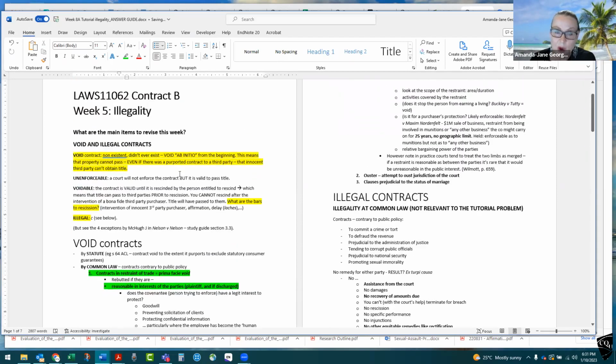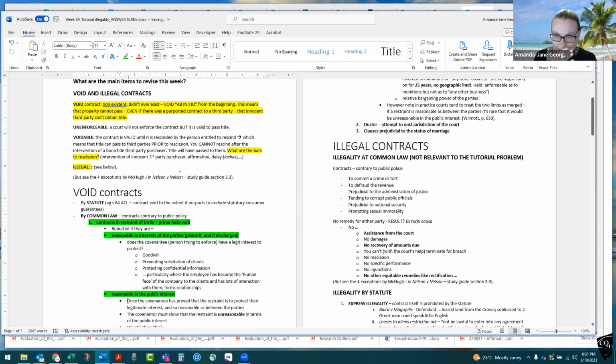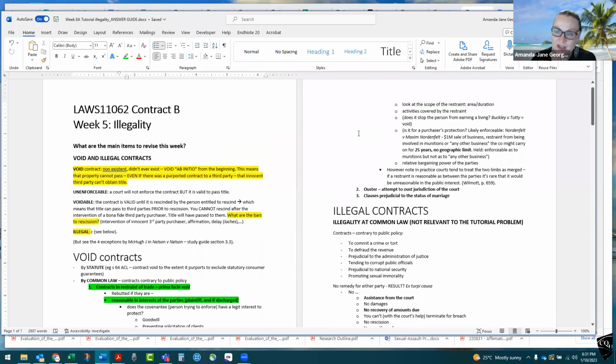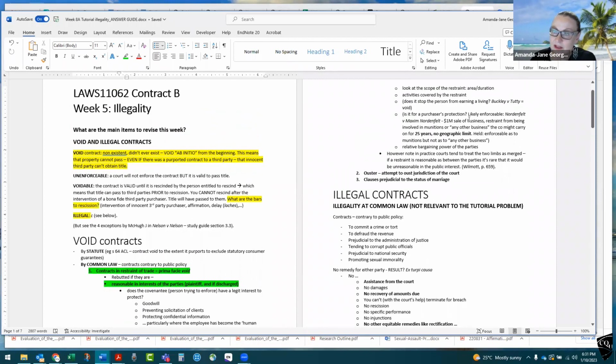Now, I won't bother you with all of the law around that, but what I will say is that where you are selling a business, for example, a court is likely to look at restraints of trade a little bit more gently.